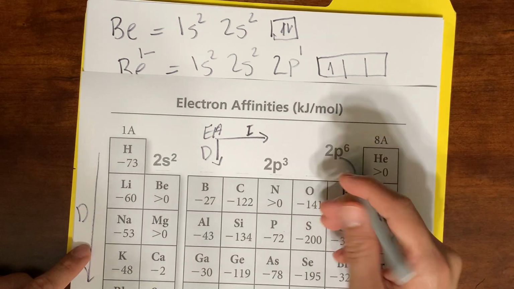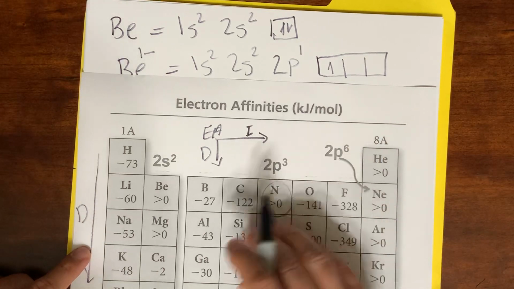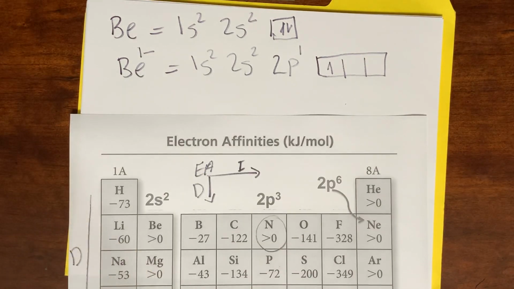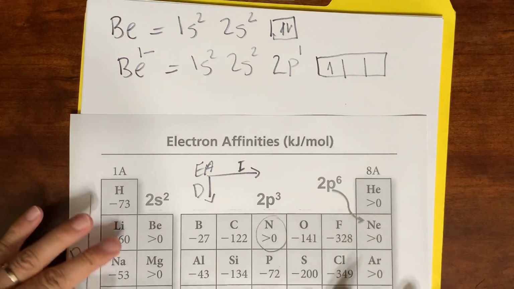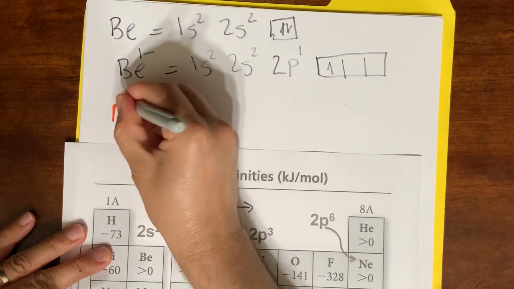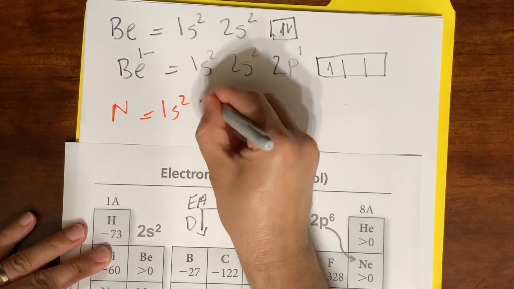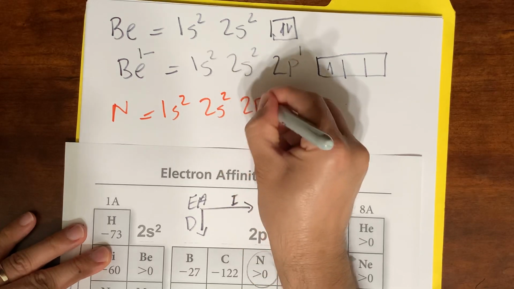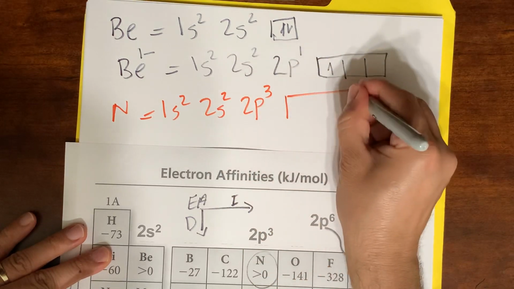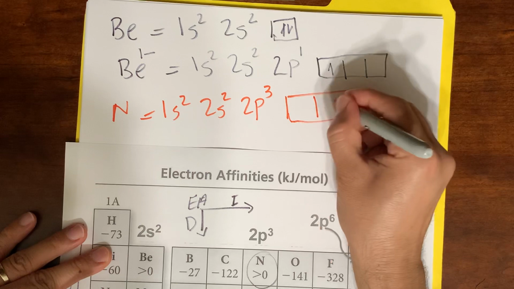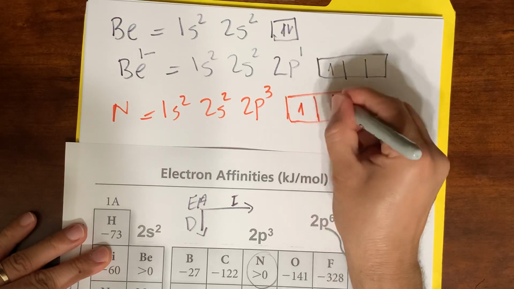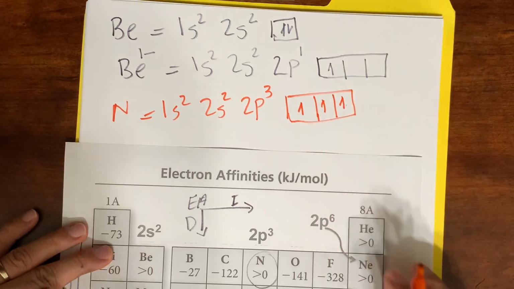Now when it comes to nitrogen, it is 1s2, 2s2, 2p3. The last orbital is half occupied.